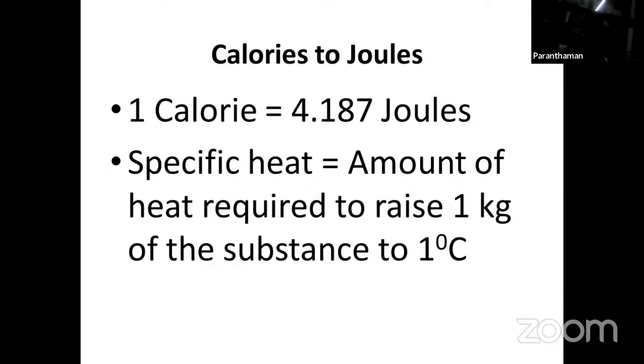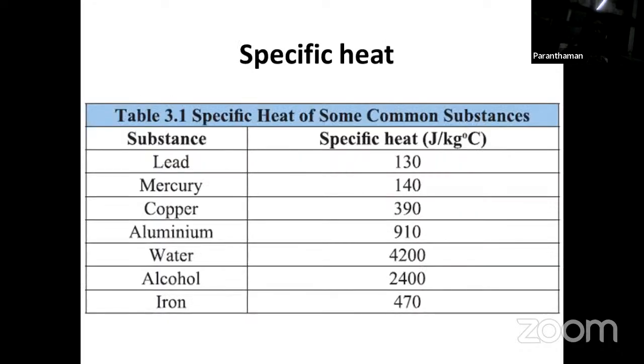Specific heat is the amount of heat required to raise 1 kilogram of the substance by 1 degree. For example, how much energy 1 kg of water needs, we can calculate using the specific heat multiplied by the temperature difference and the mass. m Cp dT, the formula you might remember.